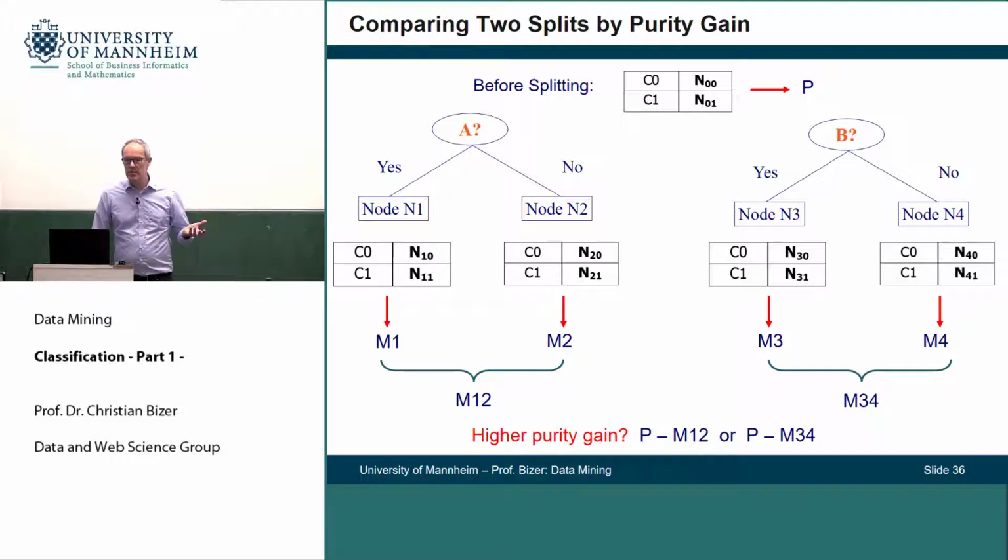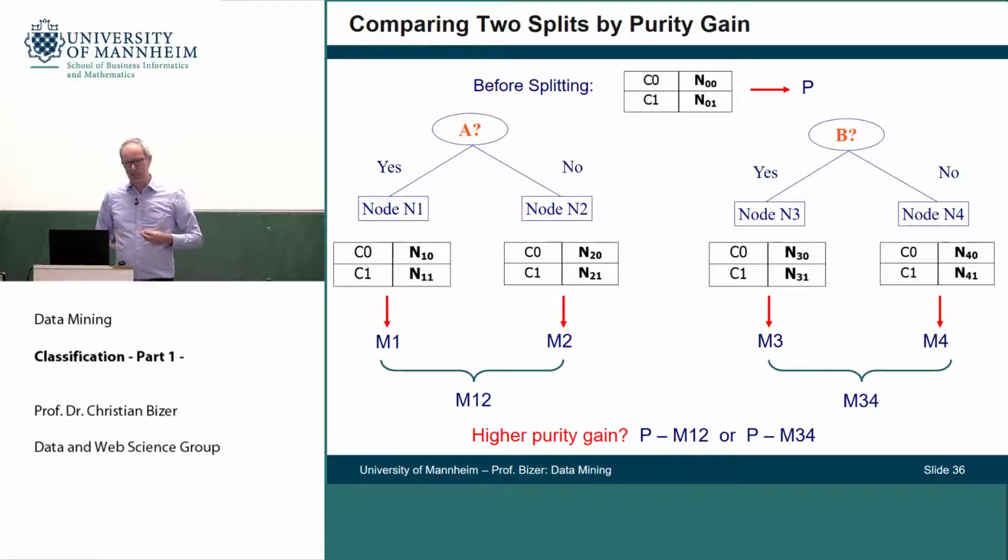Now a concrete example. The purity before splitting is our P at the top. We have two alternative splits: split on income or split on marital status. Applying these splits gives us sub-buckets. We can calculate the purity measure for each of these sub-buckets.